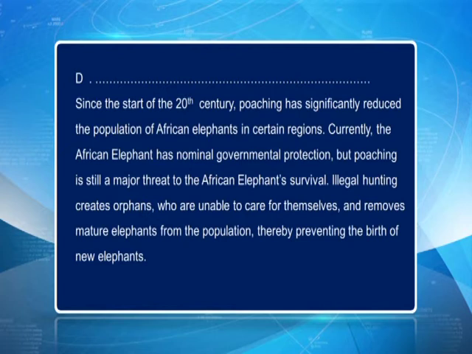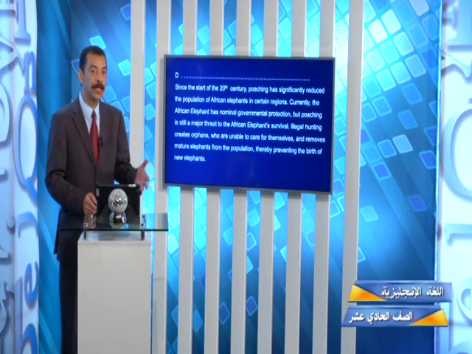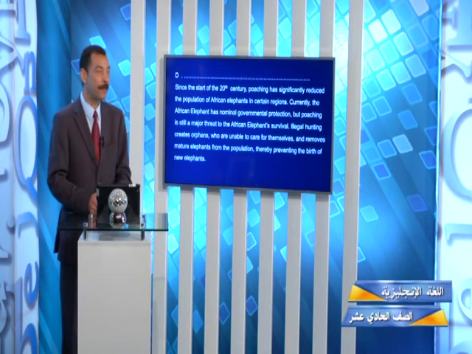Currently, the African elephant has nominal governmental protection, but poaching is still a major threat to the African elephant's survival. Illegal hunting creates orphans who are unable to care for themselves and removes mature elephants from the population, thereby preventing the birth of new elephants. So we need a sentence which introduces what happens to elephants and what dangers elephants face.